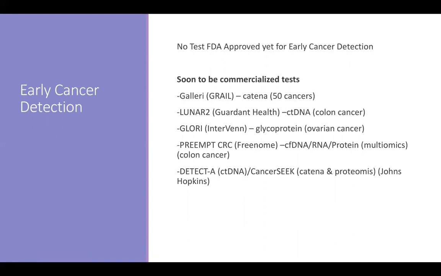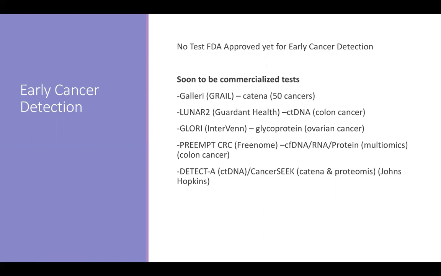Freenome has developed Preempt CRC, and it uses not just circulating tumor DNA, but any circulating cell-free DNA, as well as RNA, as well as protein. So it is called a multi-omics panel. And this one, as you can see, is designed for colorectal cancer early detection.